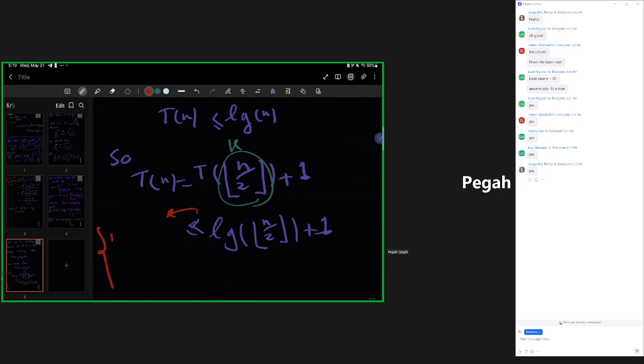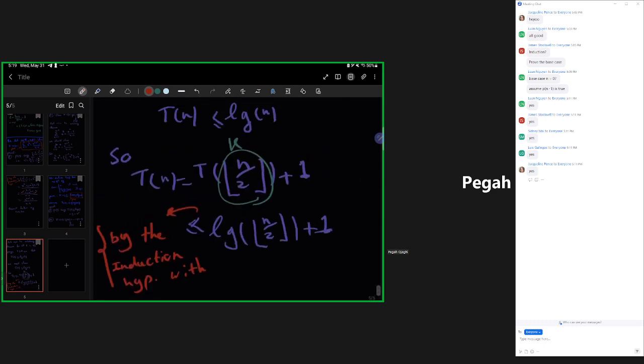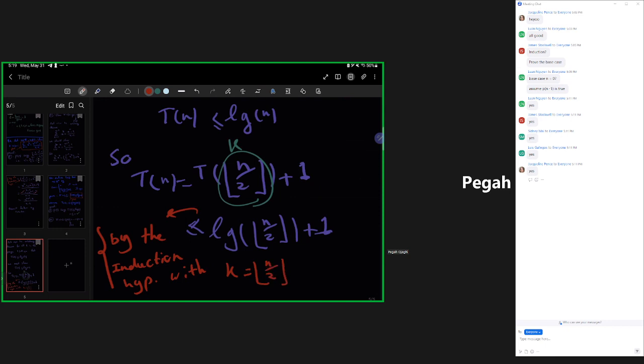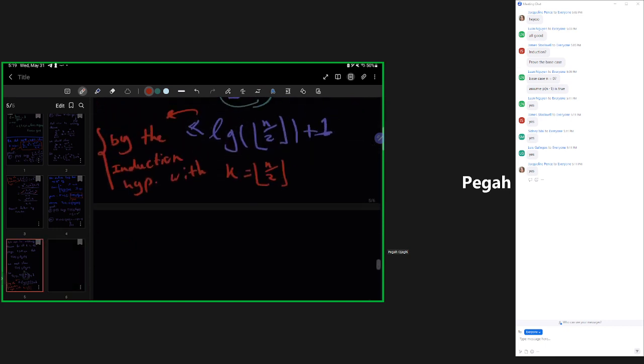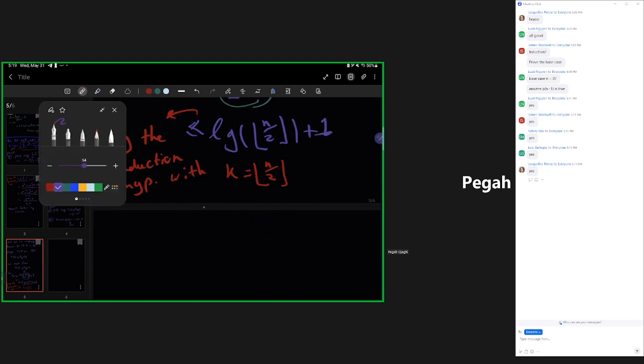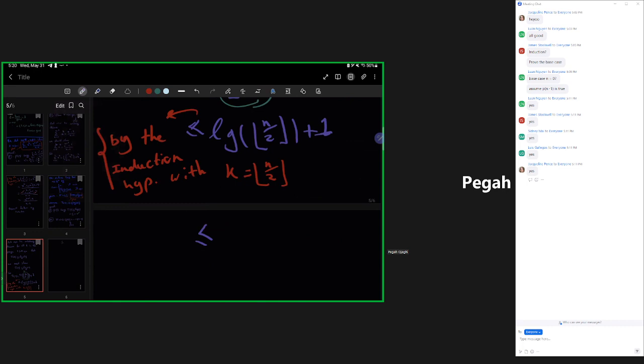I use this one by the induction hypothesis, with k equal to n over 2. So let's see, we consider this one holds. Okay, let's see what we can do here. Now I do have this one, but the other thing I know is that log of this, because this is the floor, is less than log of the whole number without the floor. So this is going to be this value.